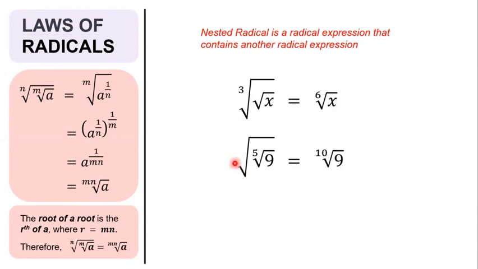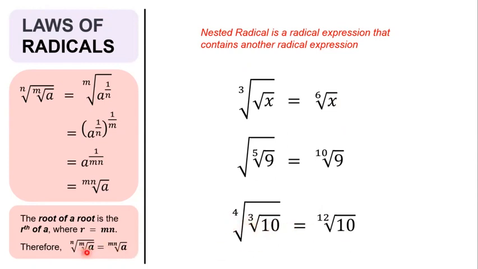Next, we have the square root of the fifth root of 9 is equal to the 10th root of 9. So 10 ito kasi we have 2 times 5. And we have the fourth root of the cube root of 10 is equal to the 12th root of 10. 12 ito kasi we have 4 times 3.